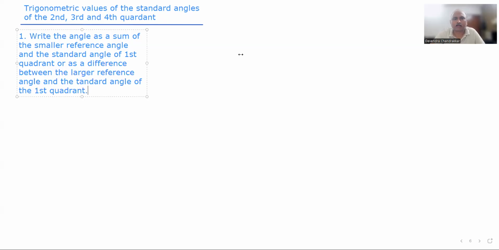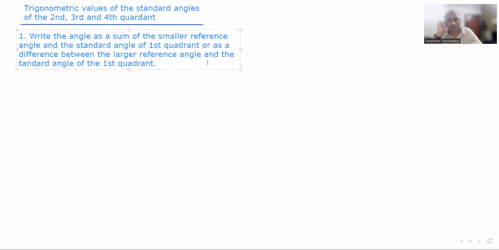In whatever quadrant that angle is, whatever is given to you in the function.